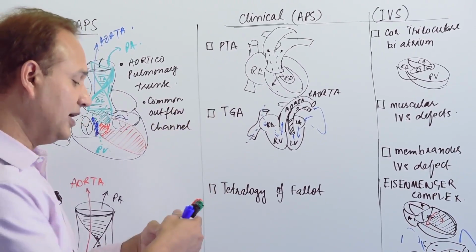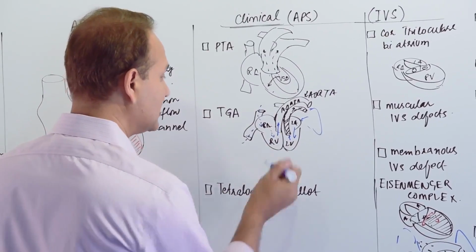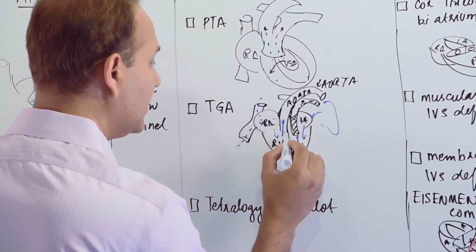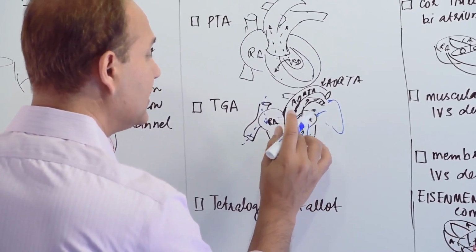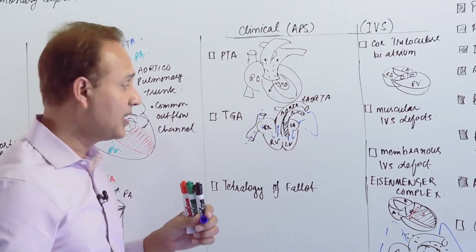Depends upon the severity. If there are septal defects, for example, if there is an atrial septal defect and there is a ventricular septal defect, then the baby can be okay for some time.